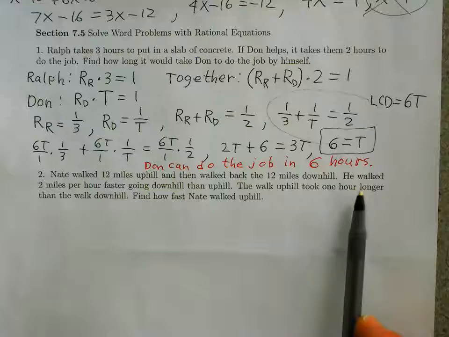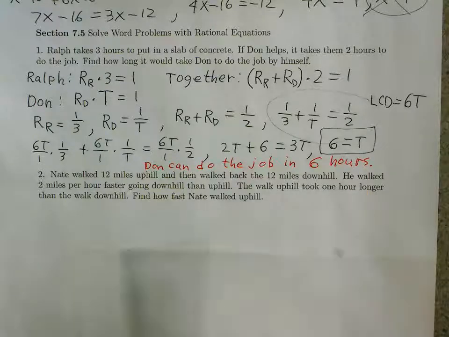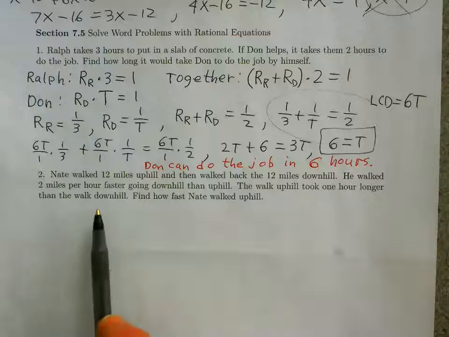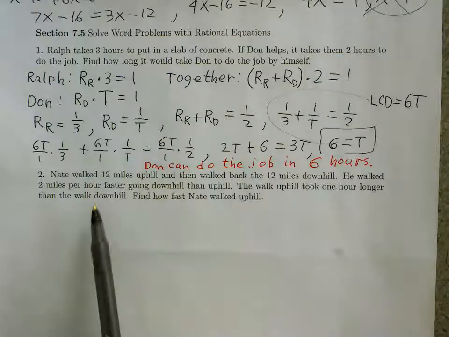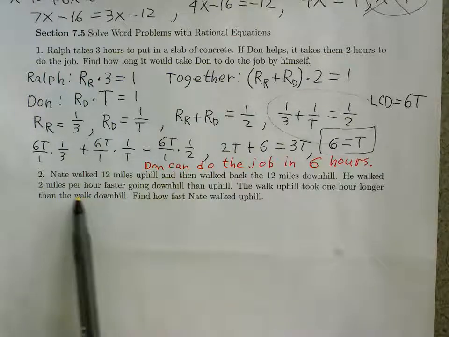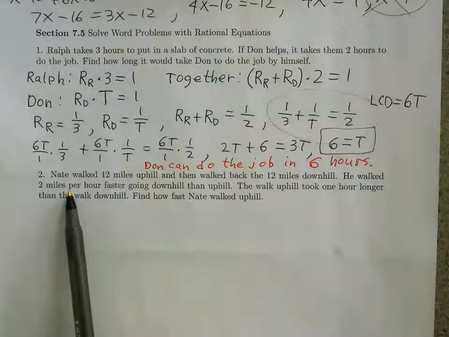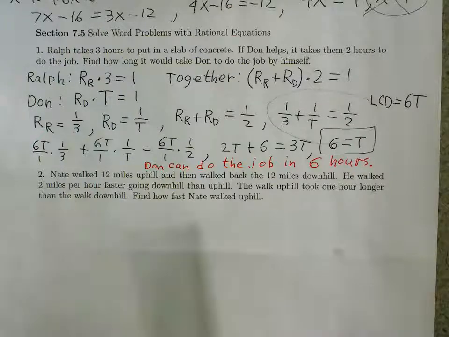In the second sentence, it says he walked 2 miles per hour faster going downhill than uphill. Okay, so that's information about the rate.